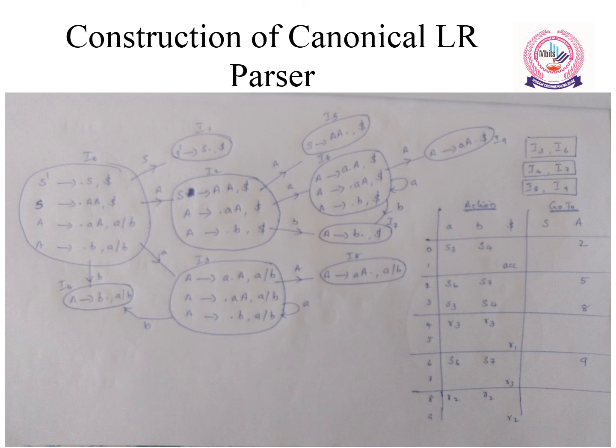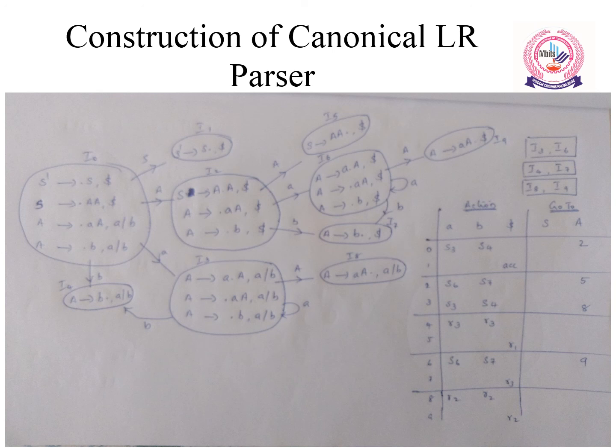I1, then I4, I5, I7, I8 and I9. I1 is the augmented production, so we have to do the accept operation if dollar comes. That means if dollar is the input symbol, then we need to accept the grammar.